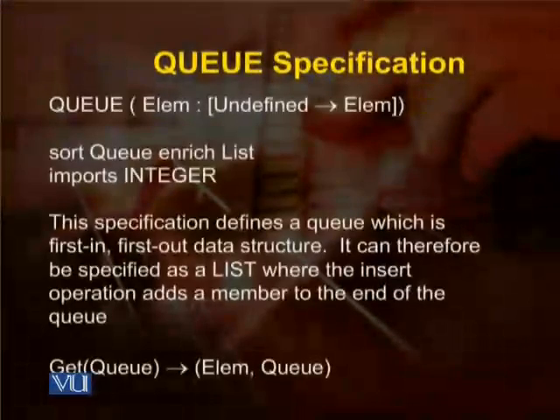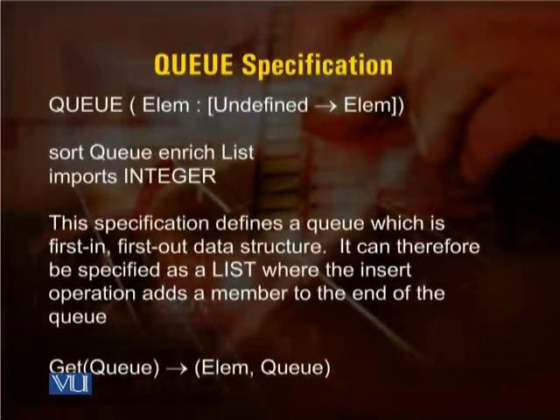So this is what I have. We have this specification of queue. Once again, the element which can also be undefined. This sort queue enrich list, since it is inheriting from the list, imports integer.